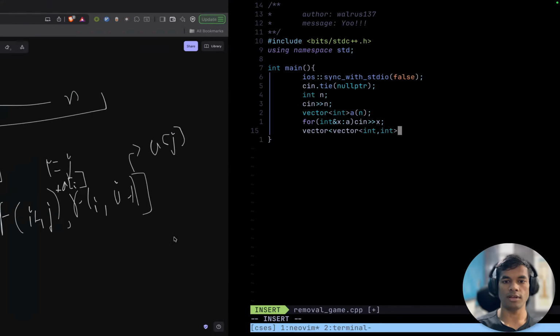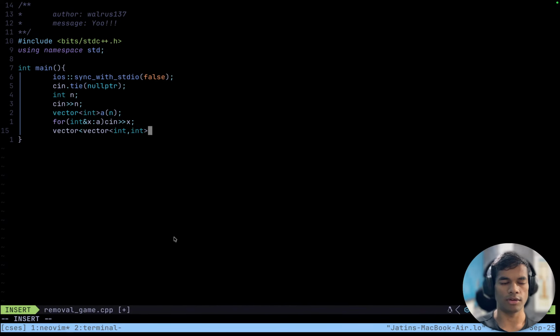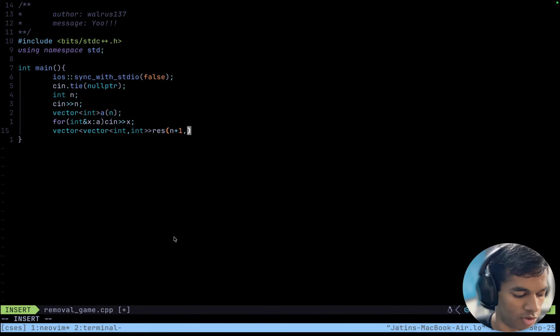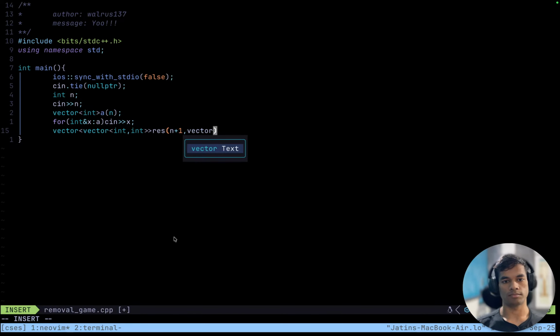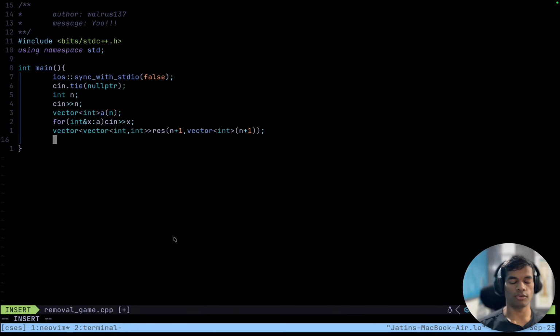Int, and we will start iterating from length. Yeah, length will be increasing. The res size is just, let's say, n plus 1. j will be at a maximum n minus 1, but let's just have some room, vector of int of size n plus 1, and let's fill the base cases.